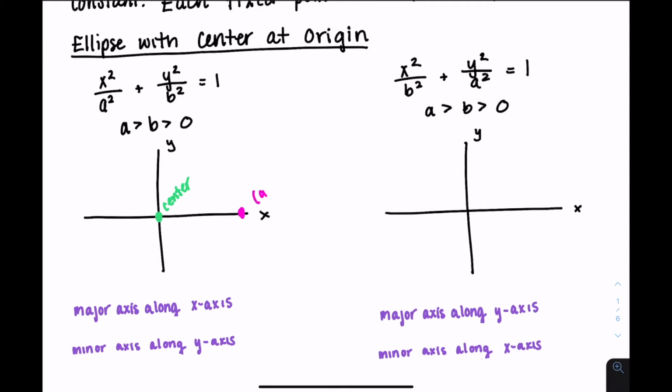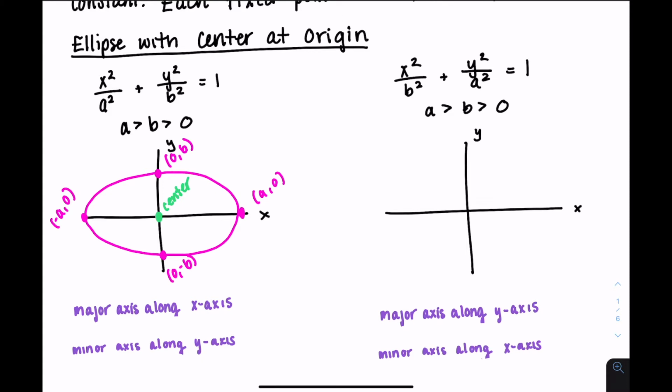So this will be the point (a, 0). Then you go the other direction, a distance of a. This will be (negative a, 0). The value that's underneath y tells you how much you move in the y direction. So we've got b squared underneath y. That tells you you move up a distance of b and down a distance of b. And then those points will be connected to form our ellipse.